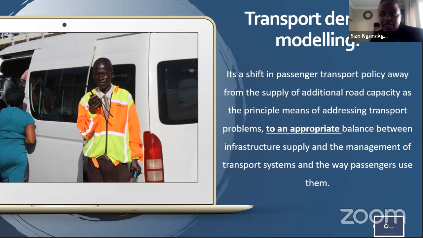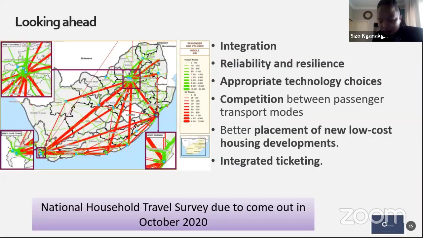I think there's definitely an opportunity for more research in understanding why people are traveling, because that would help the modeling to tailor to the needs of the commuters.